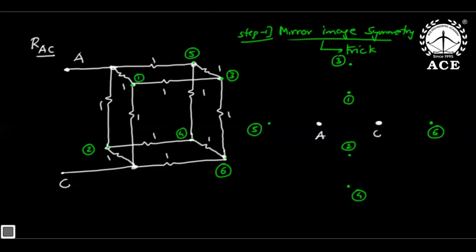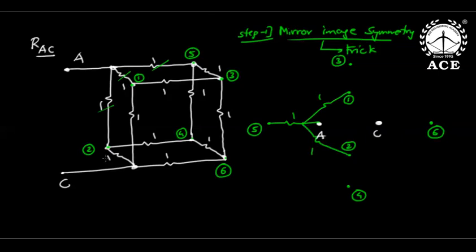Now listen here. First, A to 5 is 1, A to 1 is 1, A to 2 is 1. Very good, we got this.